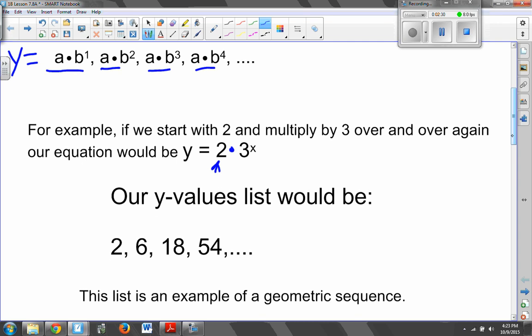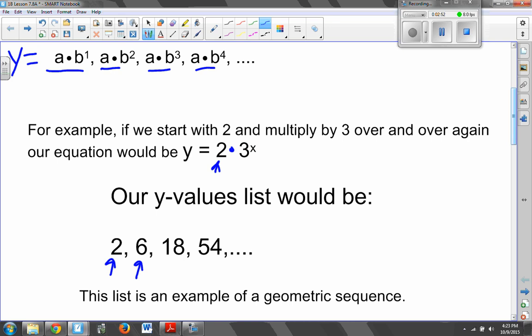If x was 0, 3 to the 0 power is 1, 2 times 1 is 2. If we multiply that by 3, we get 6. That would be if x equals 1. If we multiply by 3 again, meaning x equals 2, we get 18. 6 times 3 is 18.